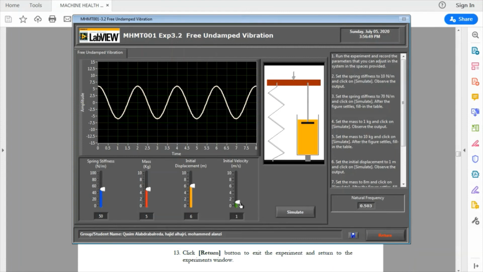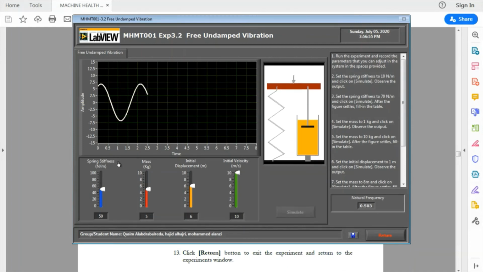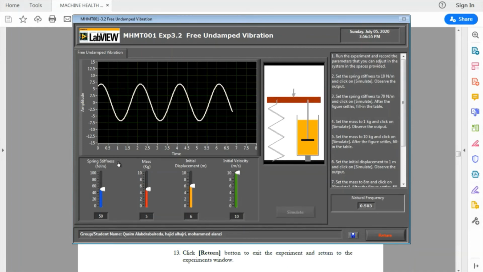If I change the velocity to 10, for example, and then click simulate, there is a small difference in that value, so the peak is higher now.